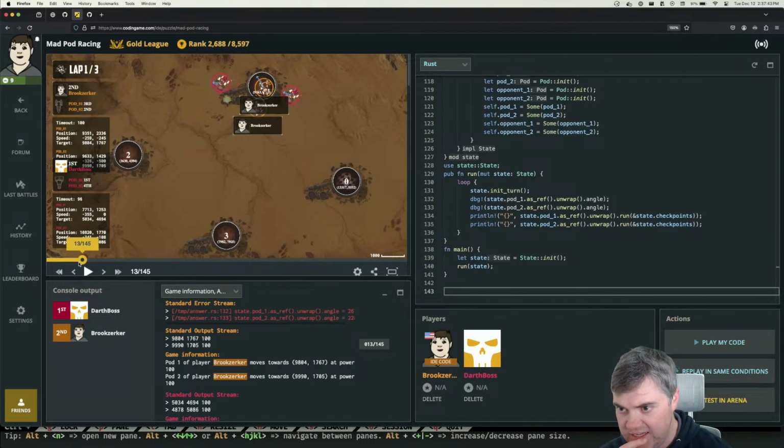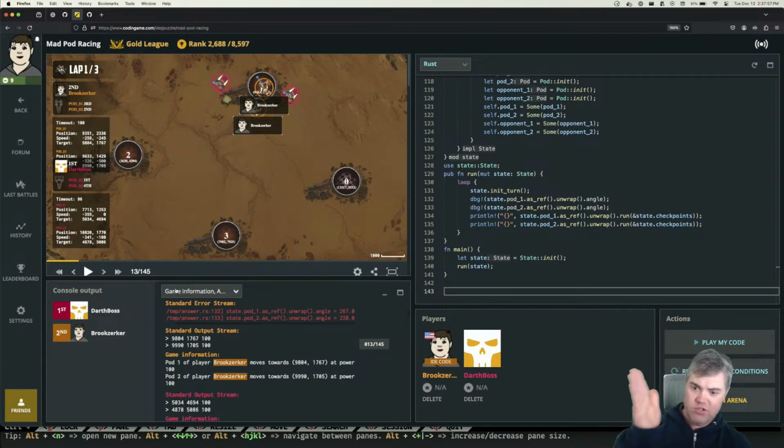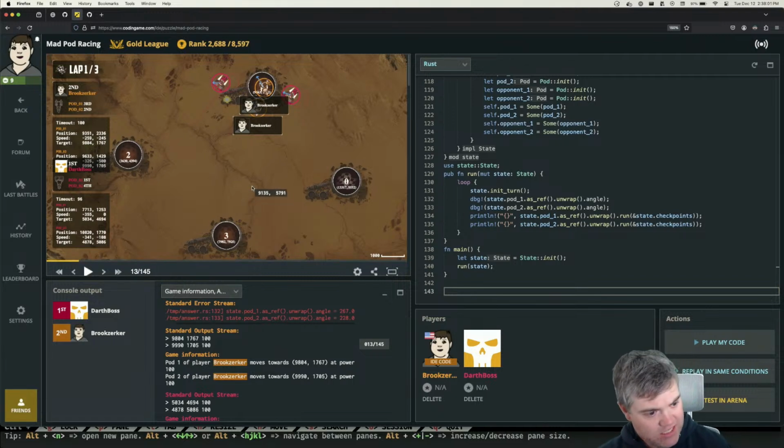At some point pod 2 aims a little bit higher up, which is 228, so that went down from 230. It looks like closer to up, that's going down. But I would have thought that straight would be 0.